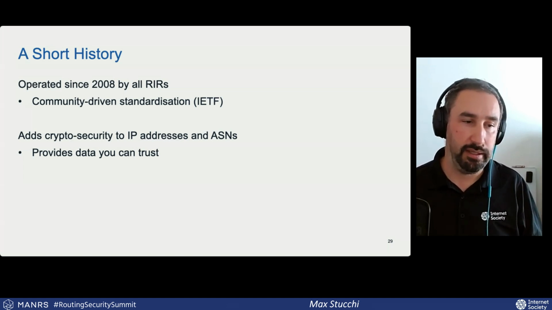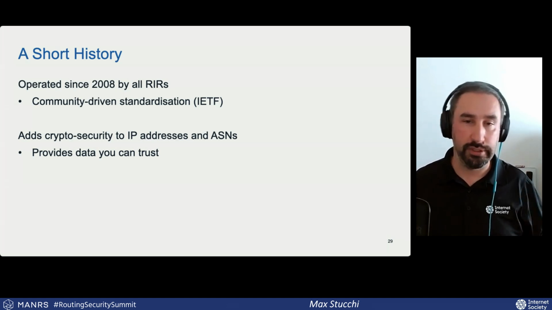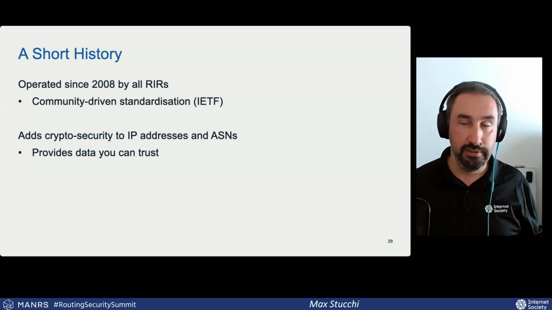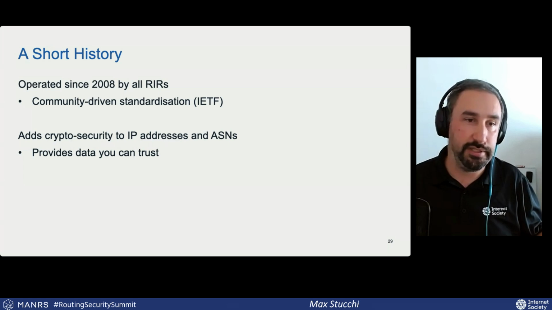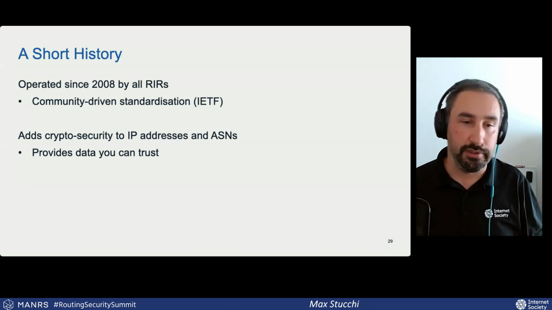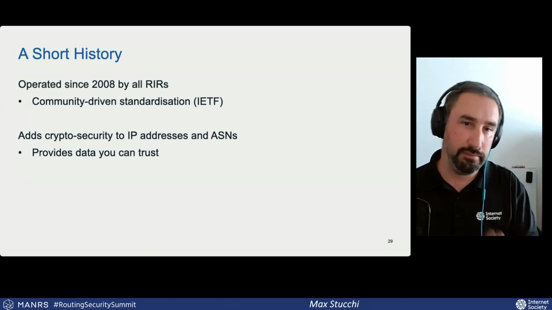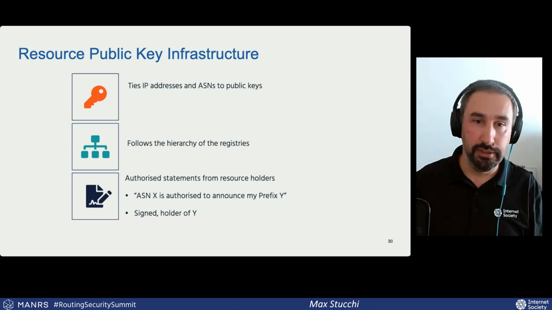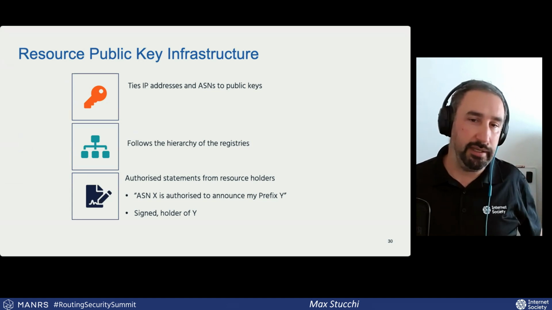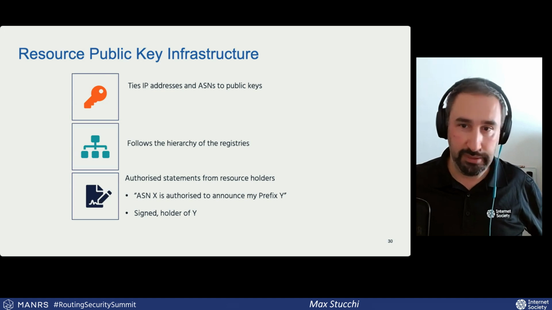This enables you to get data you can trust. Because instead of having more than 30 databases, you just have one big database operated by the 5 regional registries, in a limited number of places, and it gives you data you can verify. So the goal is to tie IP addresses, so networks, and ASNs, also to public keys.